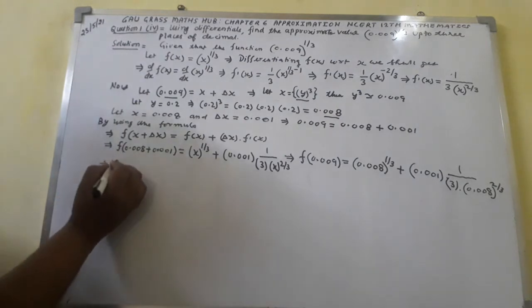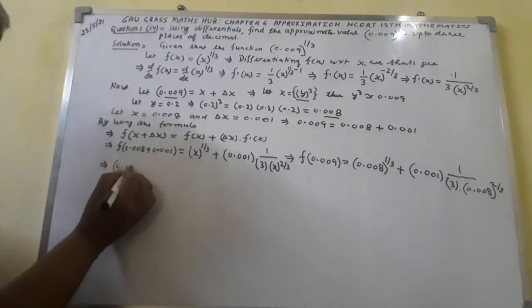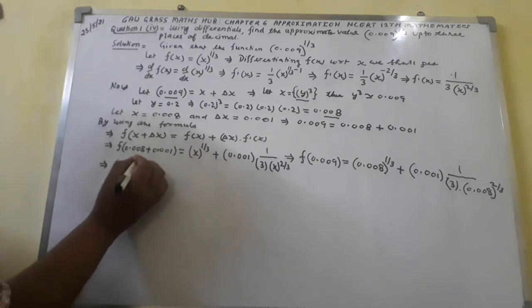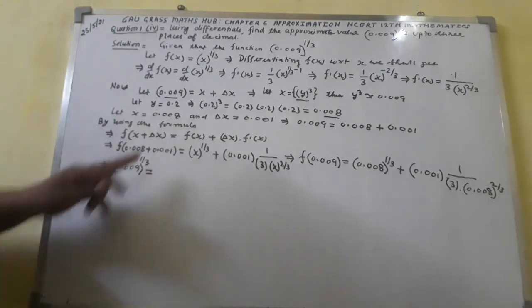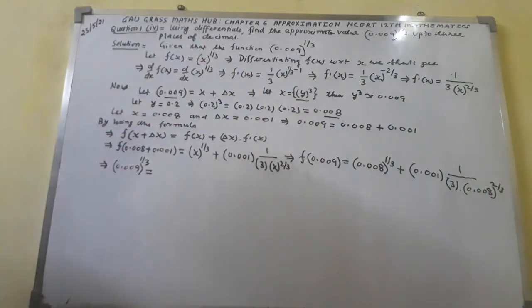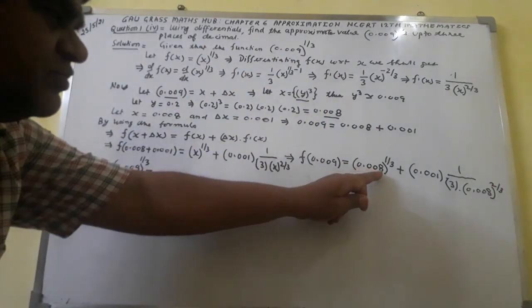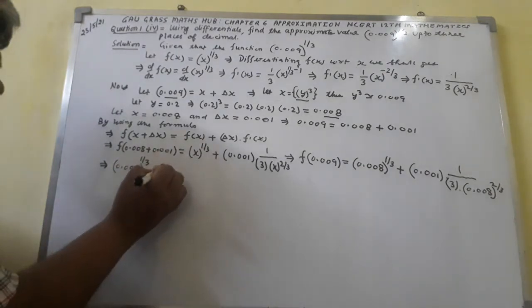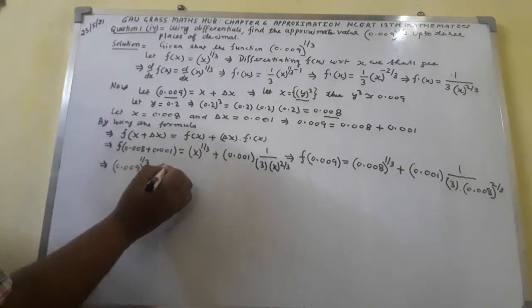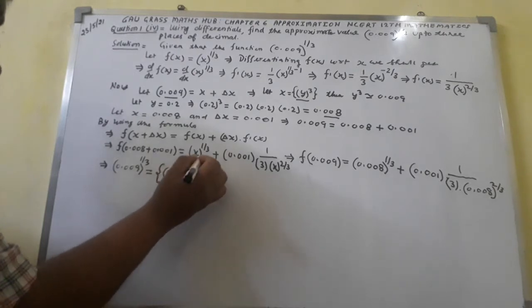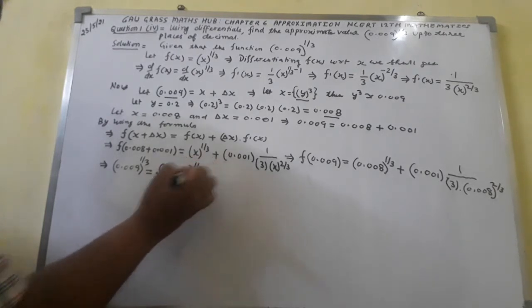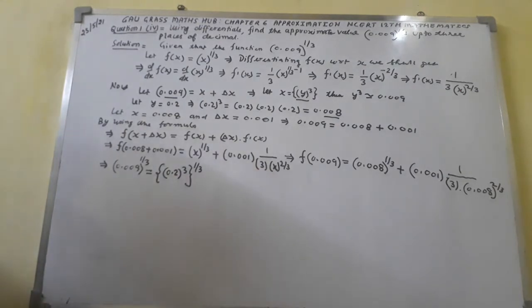So here write 0.009 raised to the power 1 over 3 equal to, now the same thing I have got here: 0.008 can be written as, open curly bracket, 0.2 whole raised to power 3, whole raised to power 1 over 3, I shall write 1 over 3.